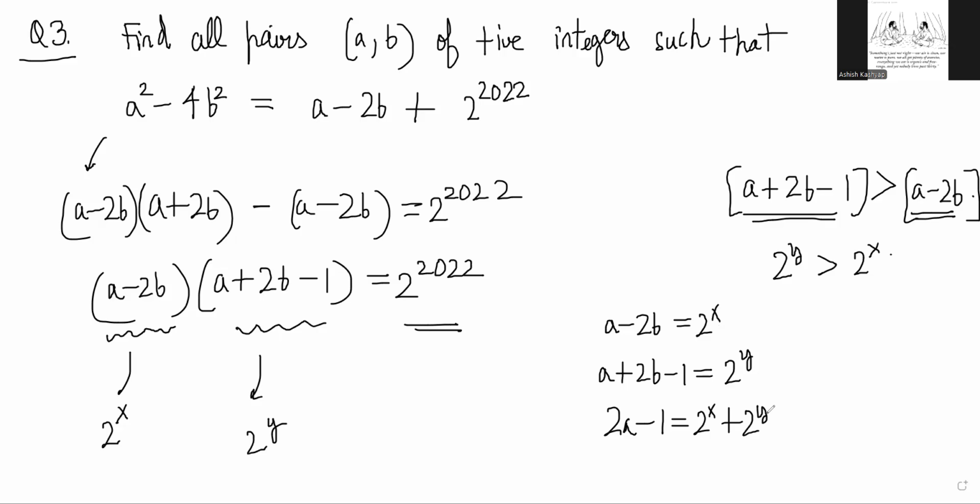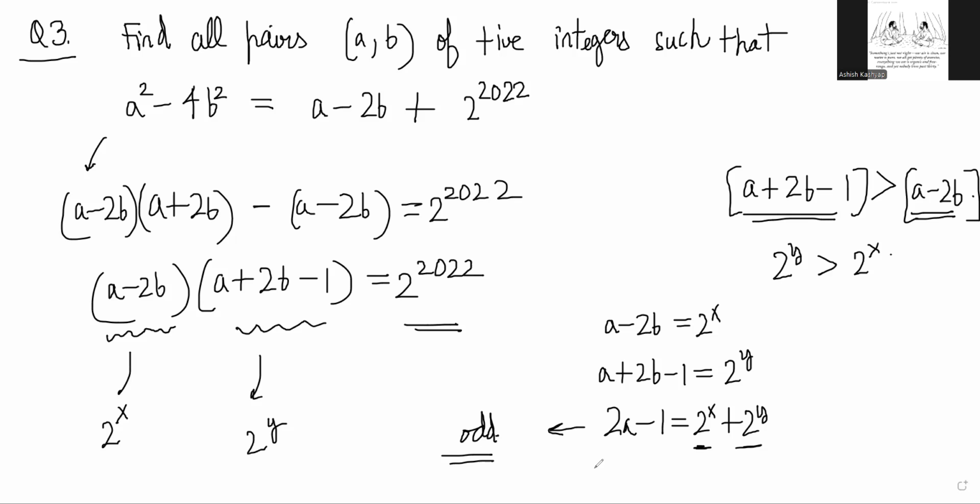Now think about it. 2a minus 1 is odd, right? So how can you add two powers of 2 and get an odd number? It's not going to be possible unless one of the powers is 0. Because 2 power 0 will make it 1 and that may help you make it odd, right?